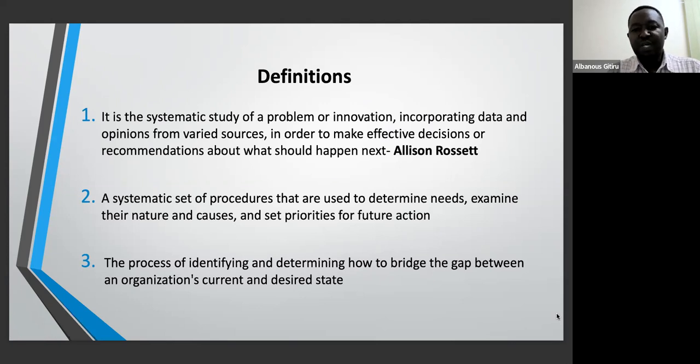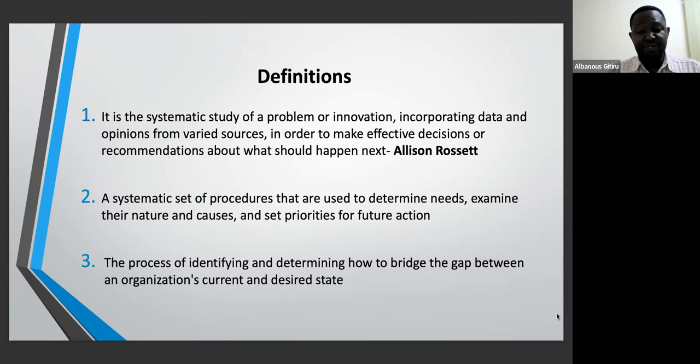So a systematic study of the problem or innovation by first incorporating data and opinions from various sources in order to make effective decisions or recommendations about what should happen next. So as much as we would want to give a direction on what is to happen next, this direction should be informed, and should be informed by facts and also by data.